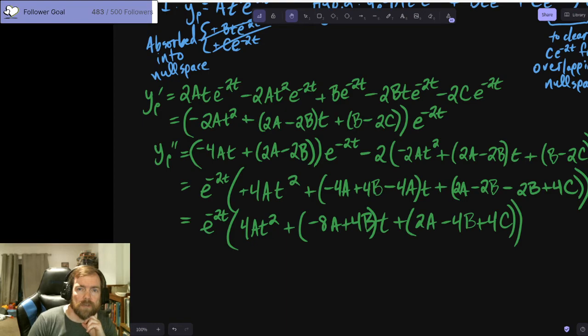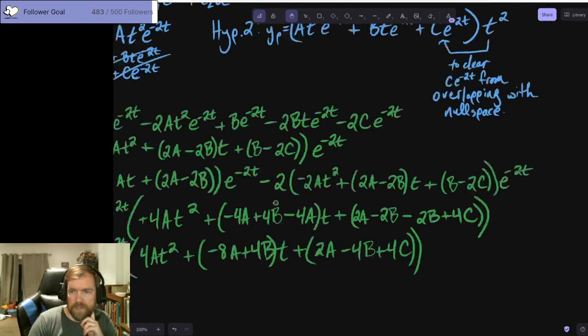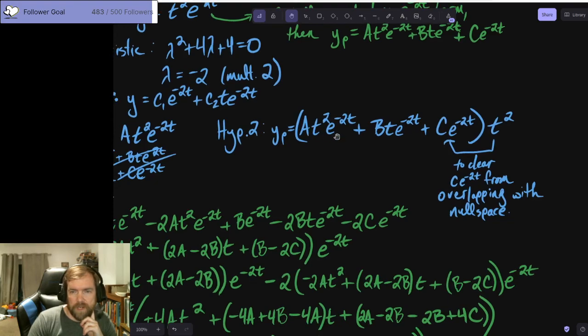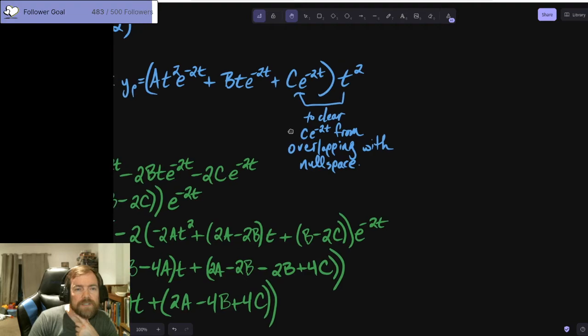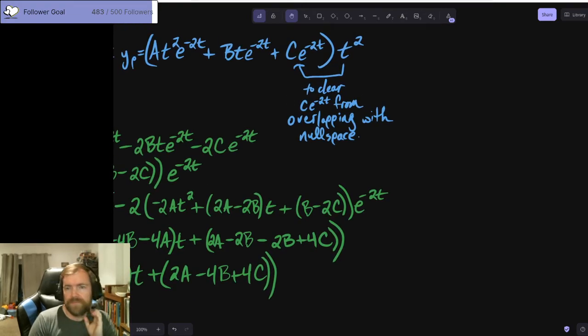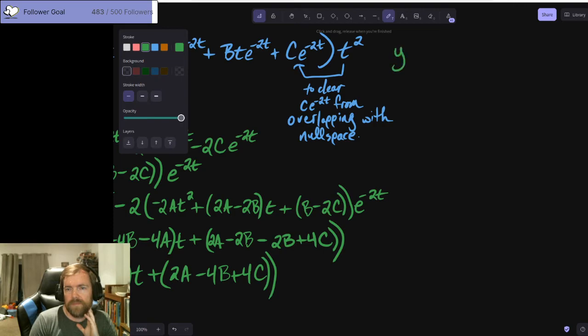On the other hand, if we do the acceleration thing and say, okay, we're going to accelerate exactly what we had for y sub p, but then multiply it by t squared, my y sub p prime is going to be, multiply through by t squared, we end up getting a t to the fourth.